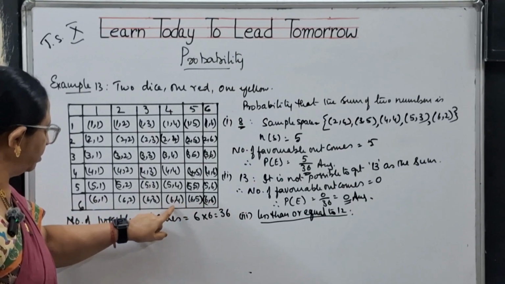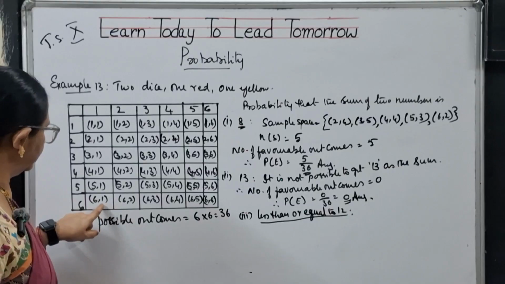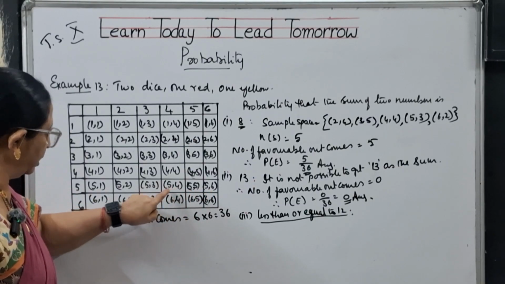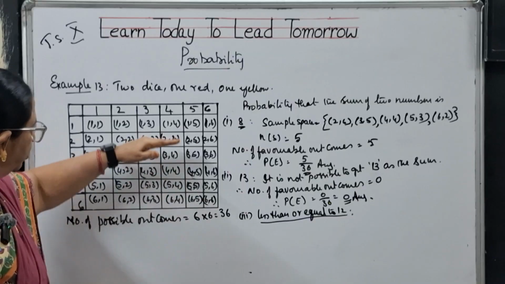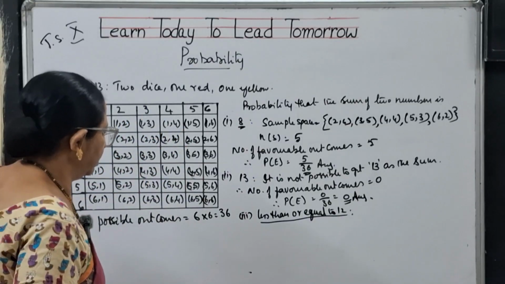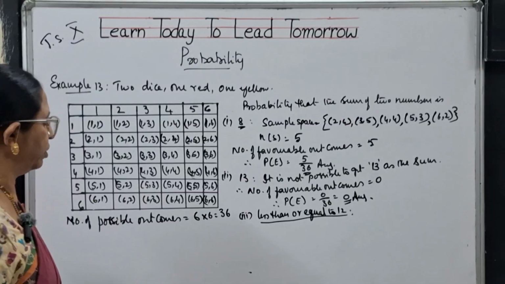Remaining are 11, 10, 9, 8, 7. Here 11, 10, 9, 8. So when you keep on going, every number is either less than or equal to 12.